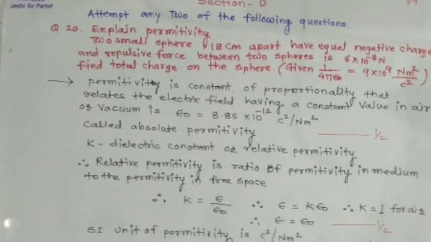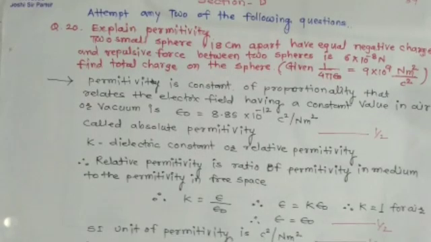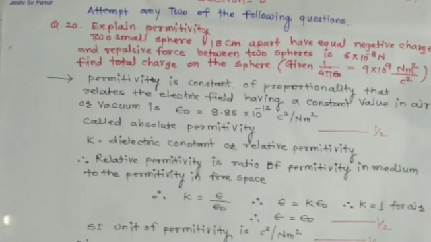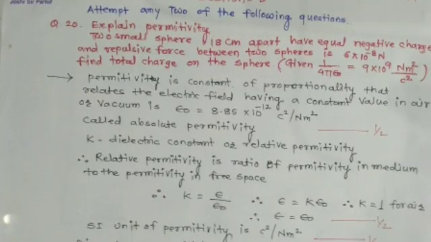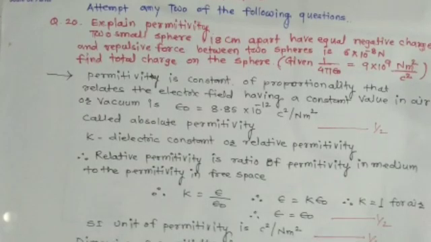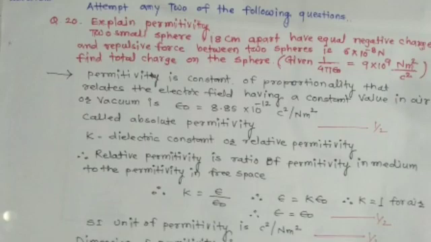Find the total charge on the spheres. The value is given: 1 upon 4 pi epsilon 0 equals 9 into 10 raised to 9 Newton meter square per coulomb square.